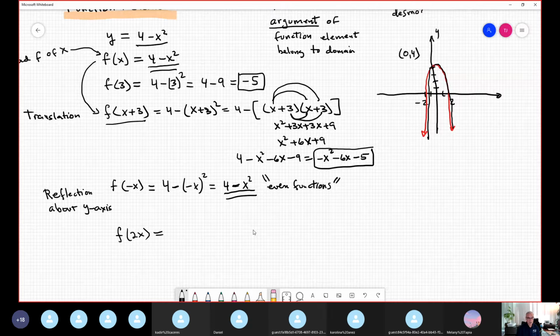I have no idea what the geometric effect is. This is not important now. Important is that you take the original equation, 4 minus parentheses, and you replace x for 2x. And leave it like that? No, of course not. If you square this, it is 4 minus 4x squared.